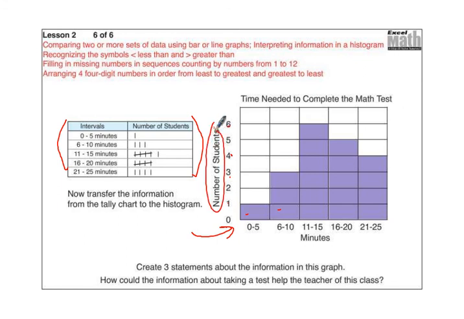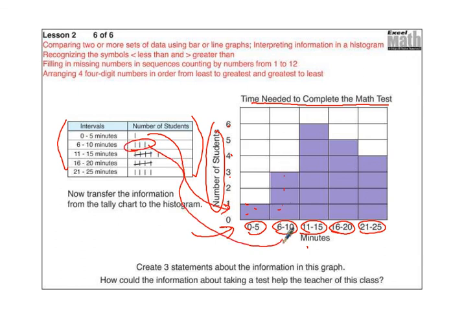You can see the label there. The time needed to complete the math test, that's the title of the graph, and then they put the different ranges or intervals down along the bottom. And so there was one that did 0 to 5. We can see that here. And then 3 of them that did 6 to 10, and so on.